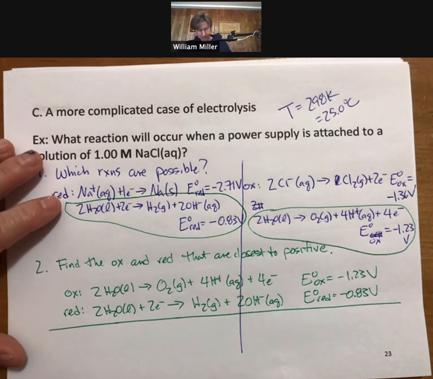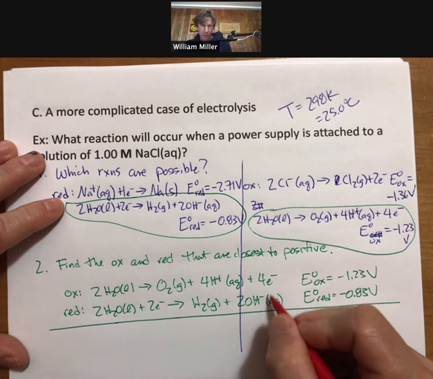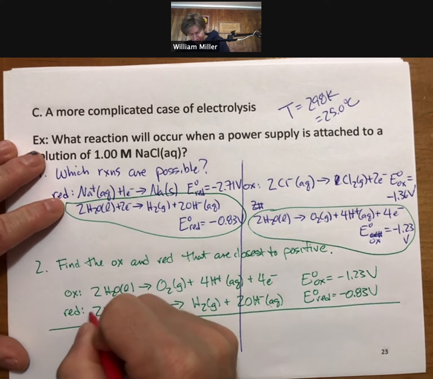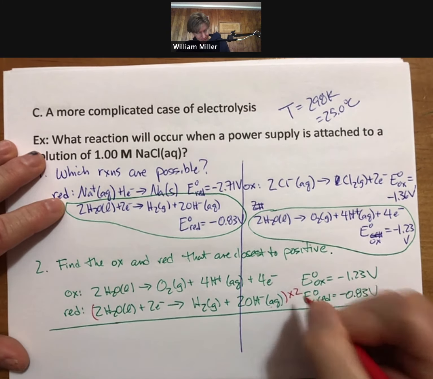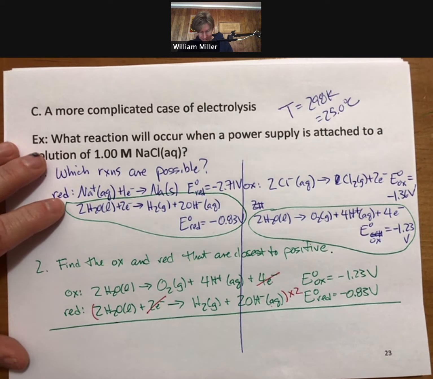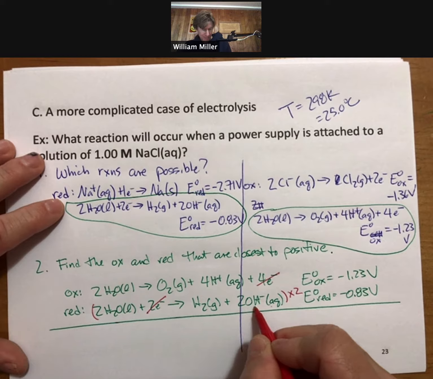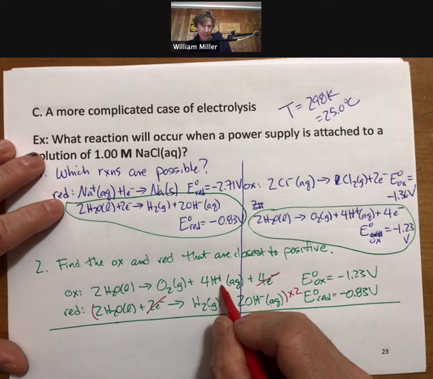Add them all up. Let's see, I have 4 electrons here, so I'm going to multiply this reduction half reaction times 2. That gives me my electrons canceling. That gives me 4 hydroxides and 4 H pluses.